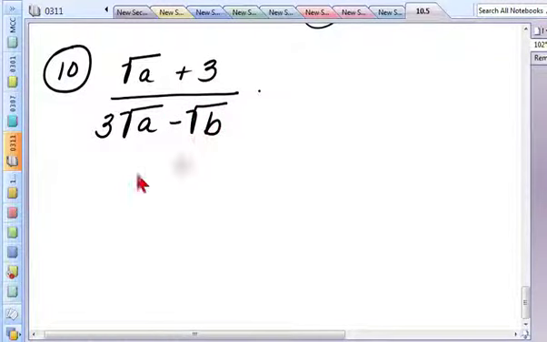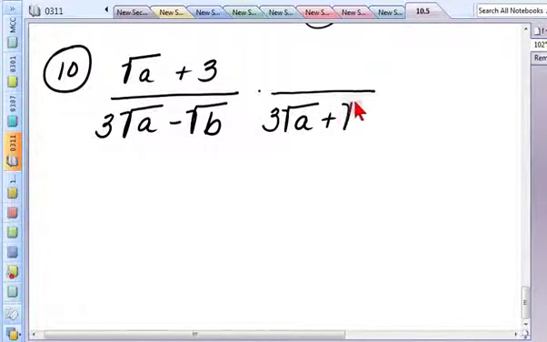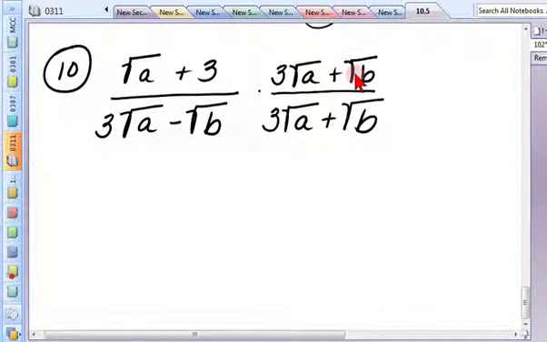Since there is a difference down here, what will the conjugate be? 3 square root of a plus square root of b. Exactly. 3 times the square root of a plus the square root of b. And you do need that 3 because otherwise the outers and inners won't cancel. Oh, and I've got to have it on top. The bottom looks much easier to do than the top does.